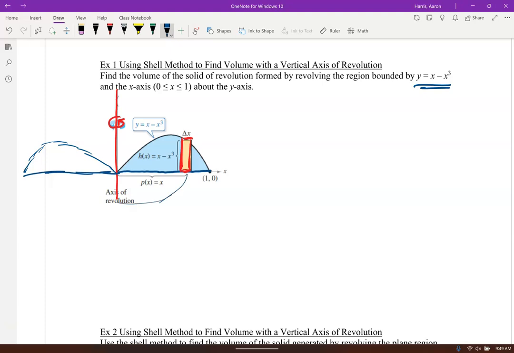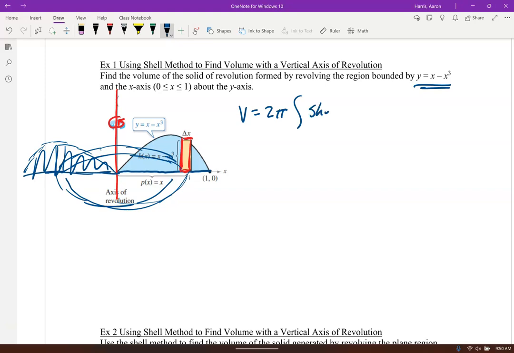I can't draw these things at all, but that whole thing spun around, you can imagine that volume, and that'll give you that three-dimensional object. Does that make sense? We're summing up all those shells. And so our formula is 2 pi times shell radius times shell height with respect to x, from x being a up to x being b.